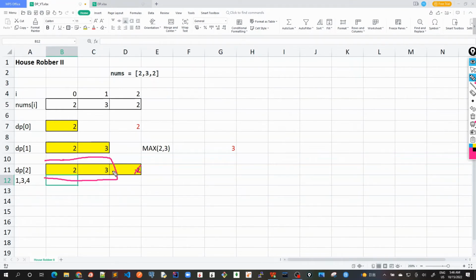So whatever the DP has been at this particular index, if we are at index 2, whatever has been DP of 1, we can choose that result, and we have to see the maximum out of it.